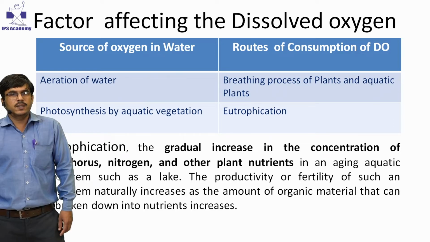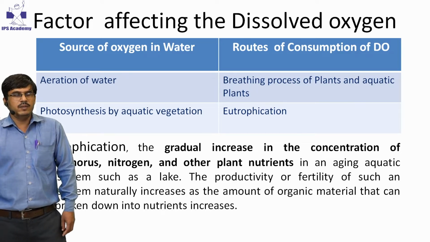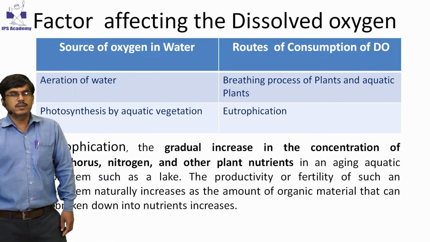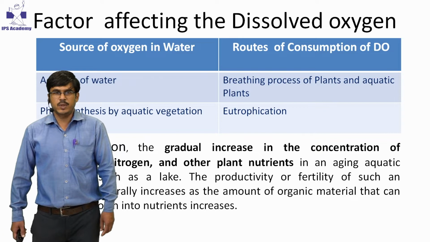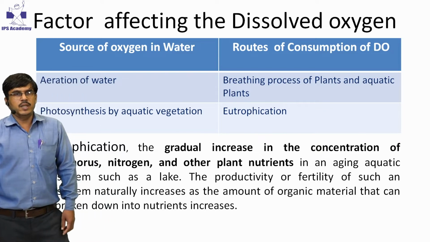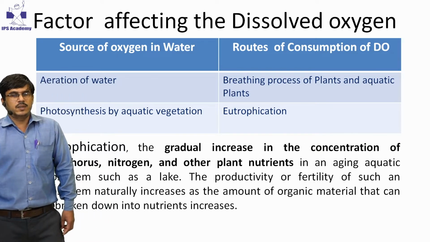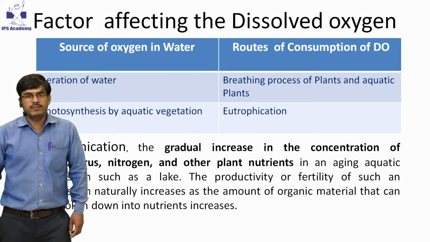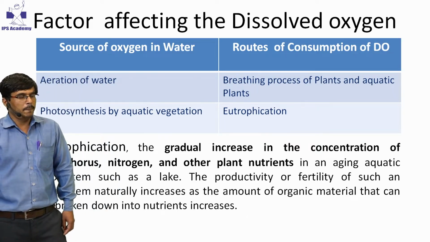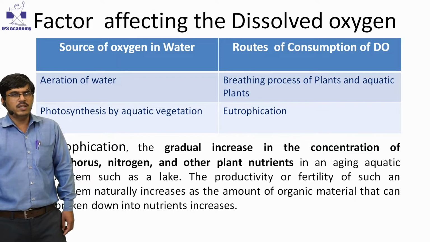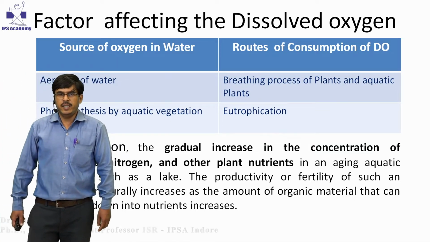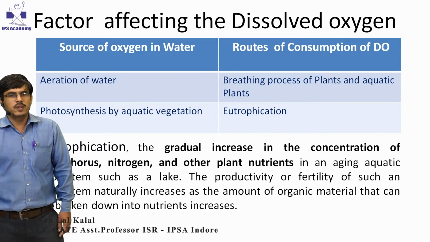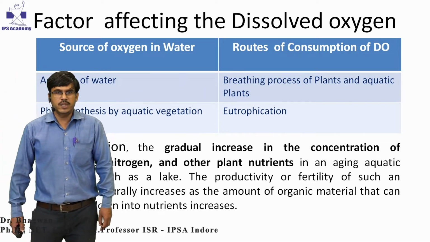It means when we dump nitrogen or other elements as a pollutant in a water body, it will increase the algae and other vegetation in the water body. When these degrade, then naturally the nutrients in the water body will increase.